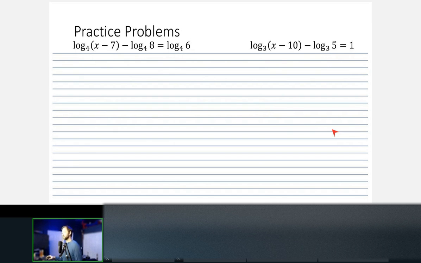So subtraction becomes division. That is one way to do it, absolutely. So we can collapse this log of stuff minus log of stuff into a single log, correct? Yeah. So that's one way to do it. We have a different way that might be easier.